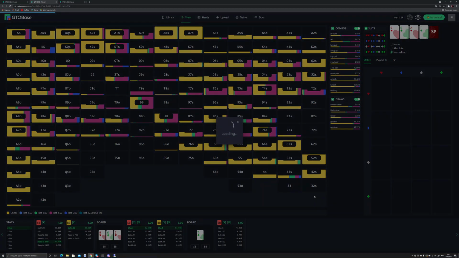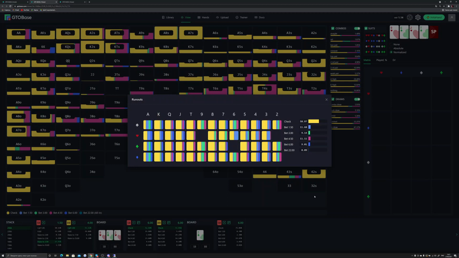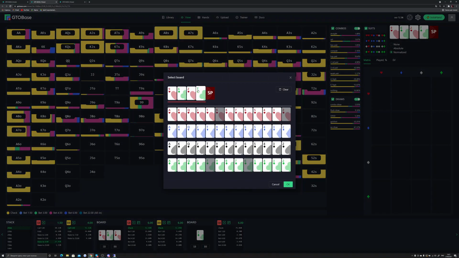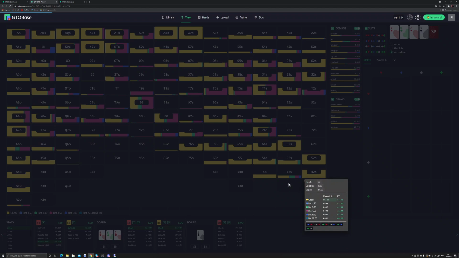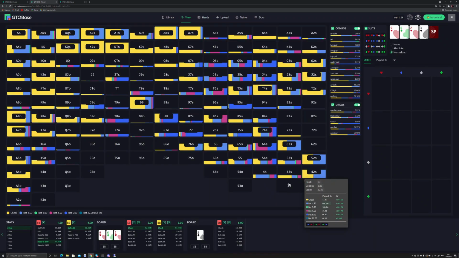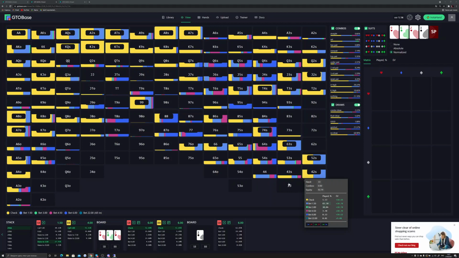If it was a low card on the turn, like I don't know, 4 or 3, then of course I see the idea behind building a small betting range, a block betting range. Because then we have a lot of hands that we want to value bet thinly, and that we want to bet for protection.